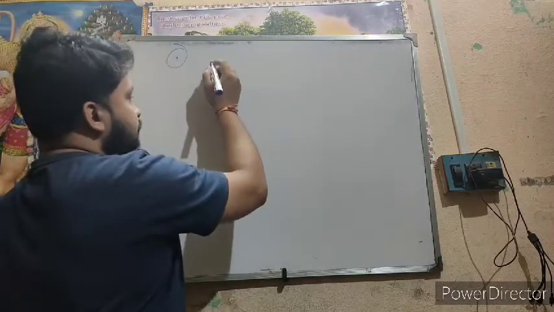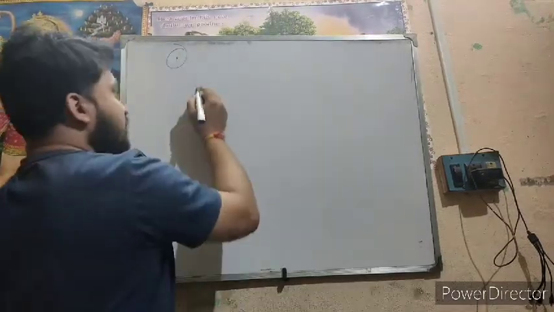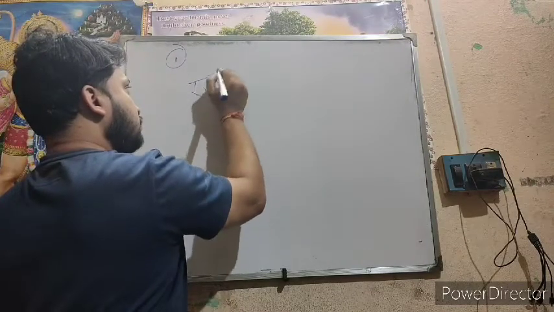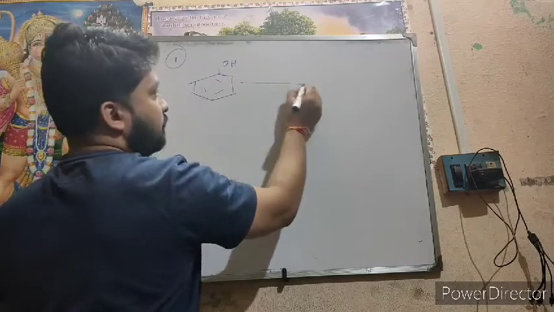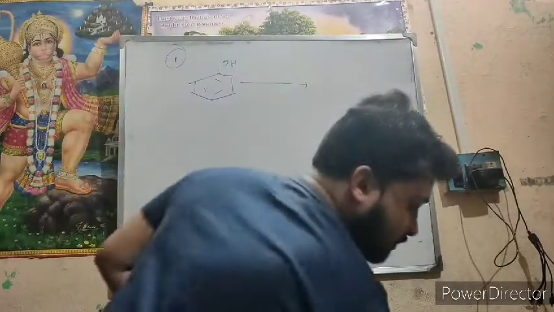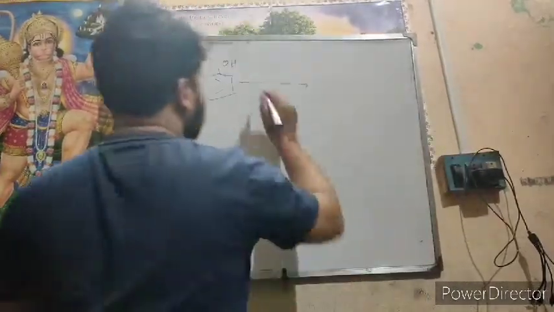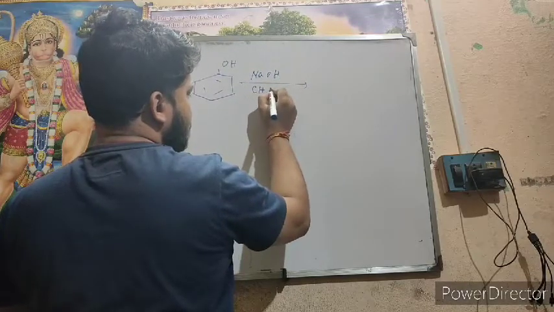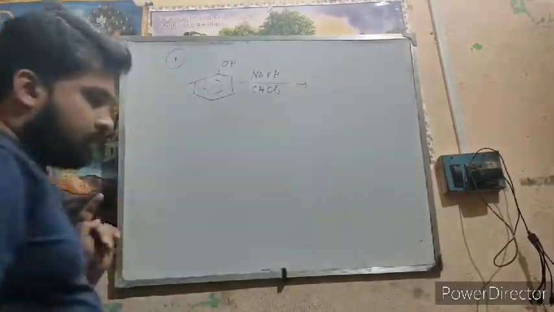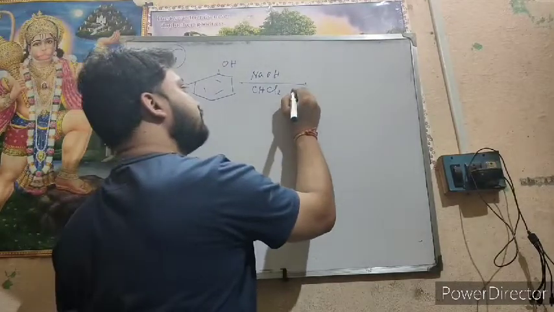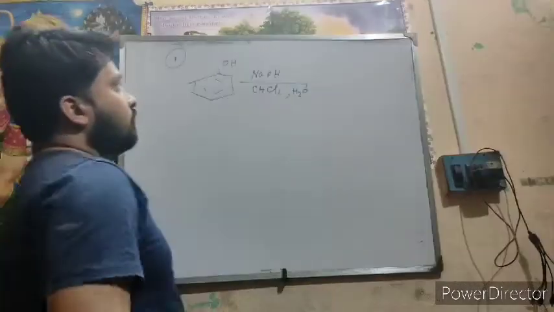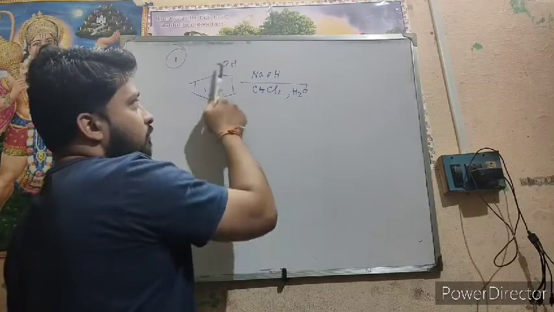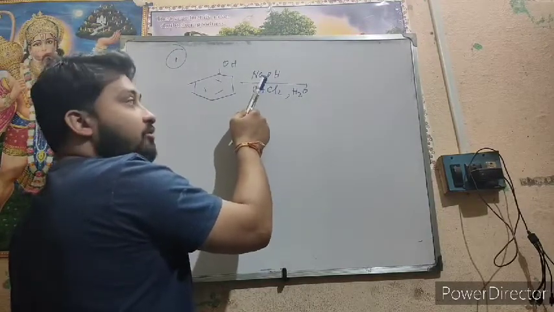Now, you just take phenol and react it with NaOH and CHCl3 with some water. Phenol reacts with sodium hydroxide.